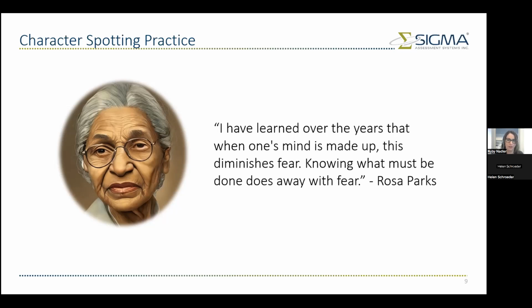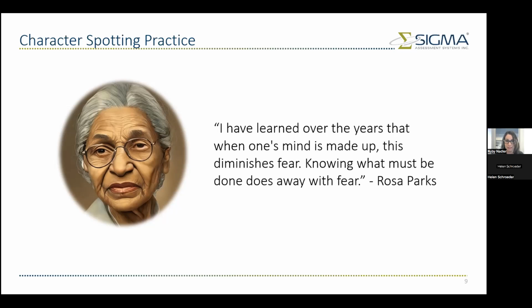That's what makes someone courageous. So Rosa Parks showed a huge amount of courage and bravery in the face of her fear when she refused to move in the bus in the southern United States. So that is a real example of courage in real life.